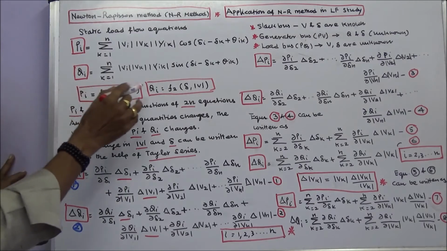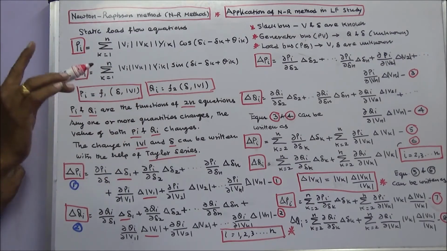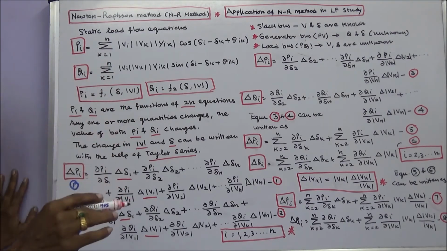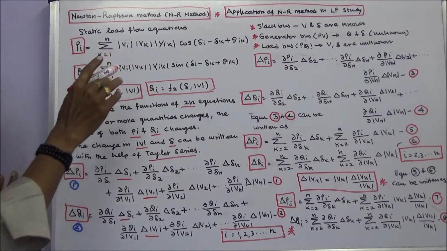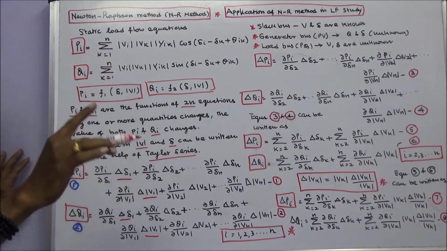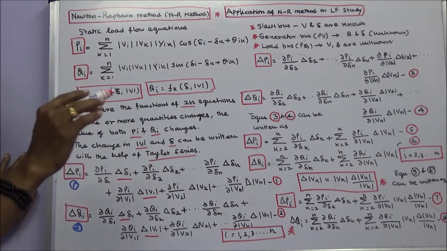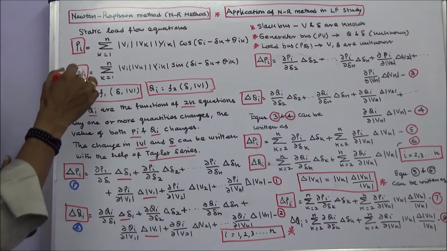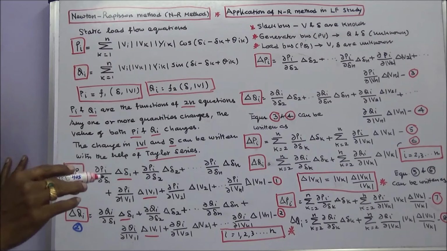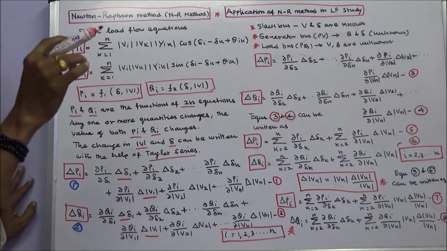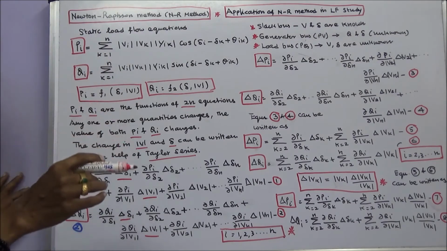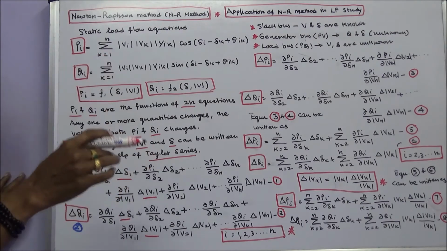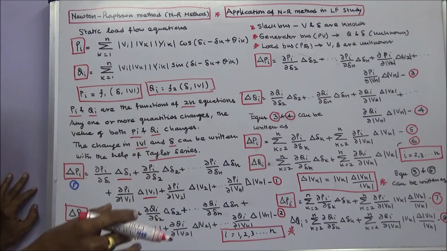Pi and Qi are functions of two n variables. If any one or more quantities change, the values of both Pi and Qi change. The change in modulus of V and delta can be written with the help of the Taylor series.